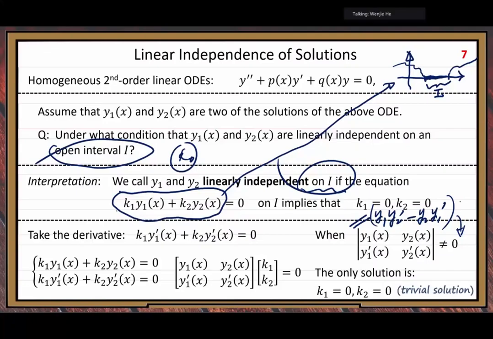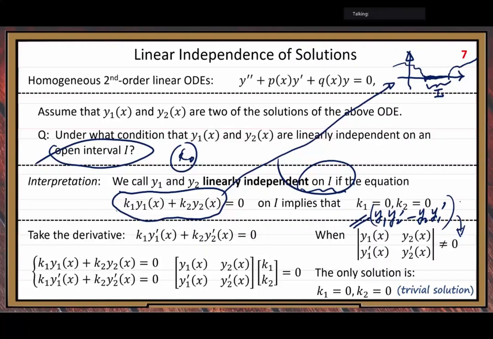People also call this a trivial solution. This homogeneous linear system can only have the trivial solution, both K1 and K2 zero. If one of the two, K1 or K2, is non-zero, we call that a non-trivial solution.